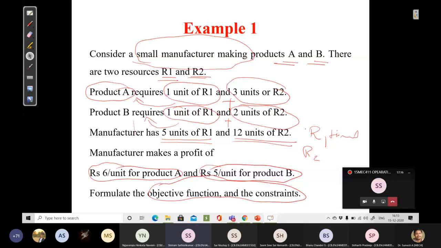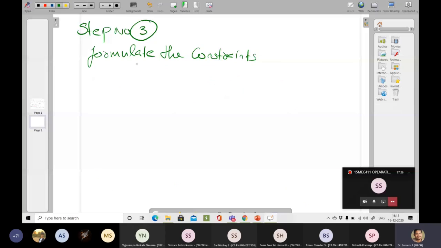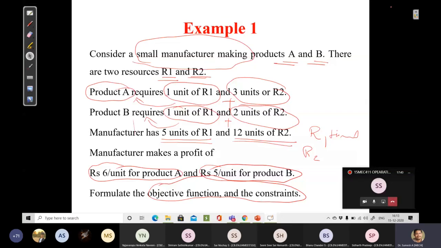The available resources R1 and R2, that is, the available units of resources R1 and R2. Now, how is R1 given?